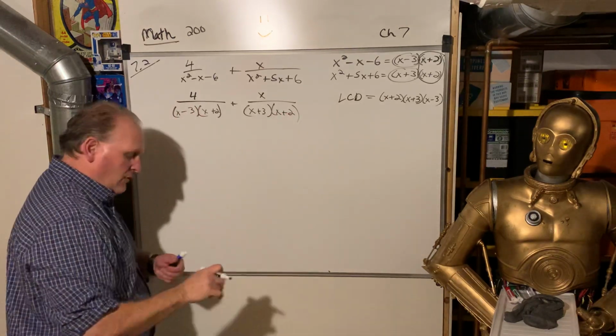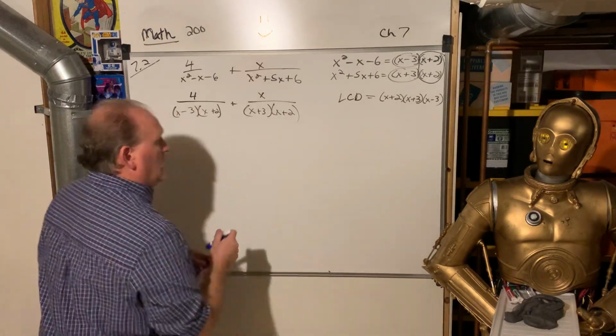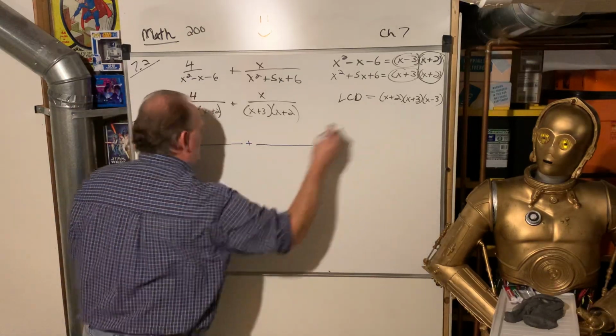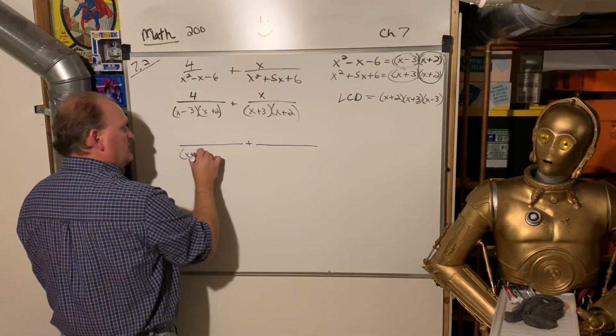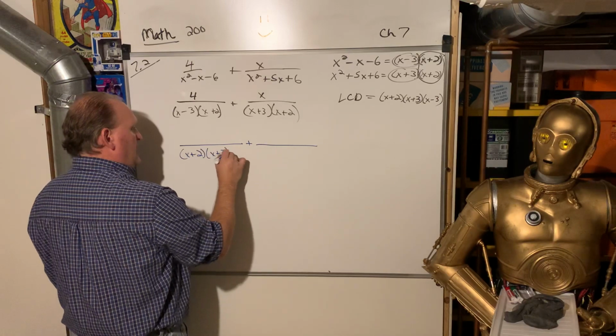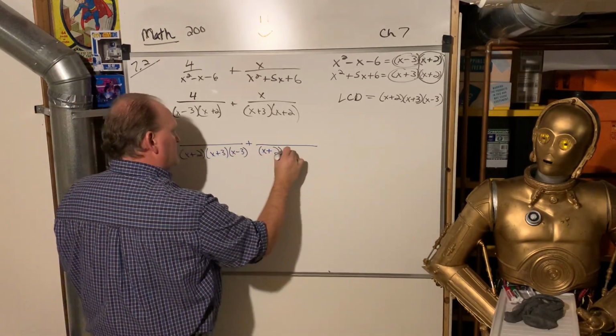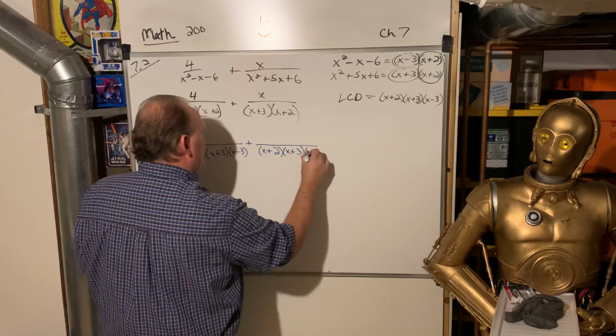Okay, so now we're going to go on our vision quest. We want this: x plus 2, x plus 3, x minus 3.